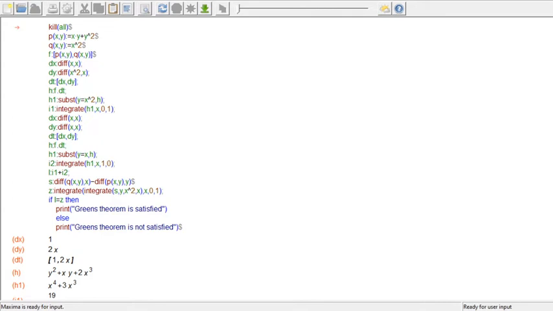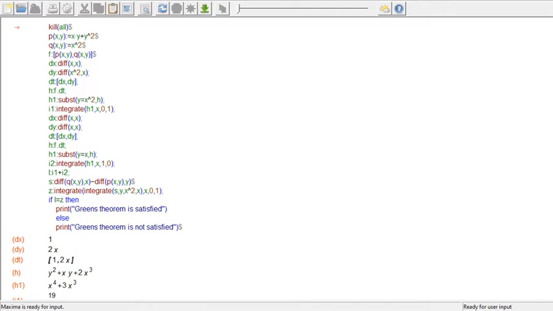So if you run this one, you're going to get this. So this is one integral, that is a line integral over c1, and this is line integral over c2, and this is sum of these two, that is line integral over c1 plus c2, and this is double integral, and these two are equal to each other. Therefore Green's theorem is satisfied.